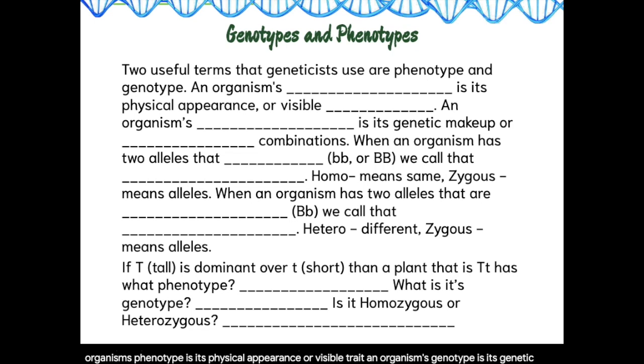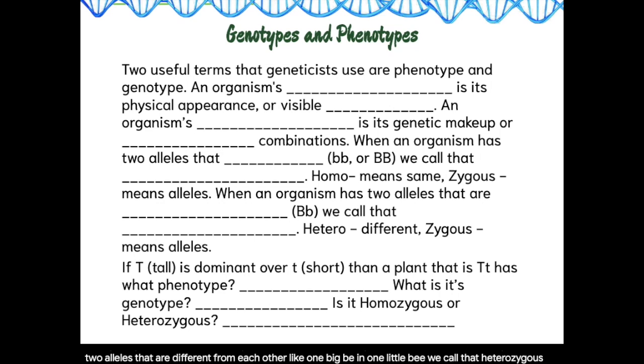When an organism has two alleles that match, like little b, little b, or big B, big B, we call that homozygous. Homo means same, zygous means alleles. When an organism has two alleles that are different from each other, like one big B and one little b, we call that heterozygous. Hetero means different, zygous means alleles.